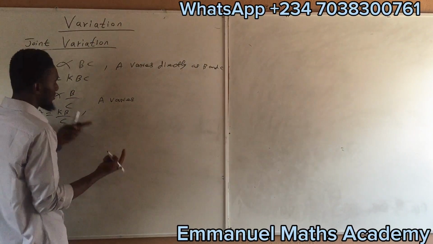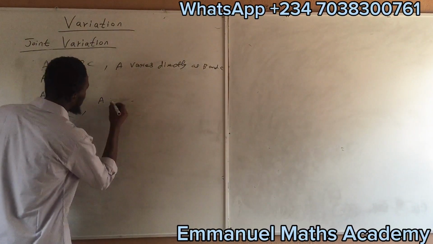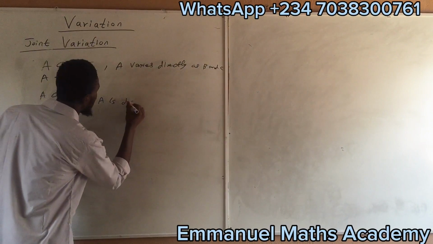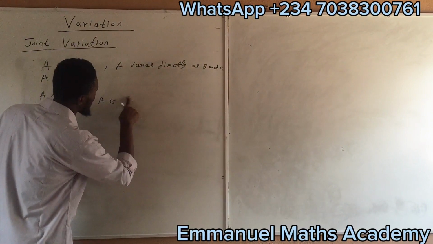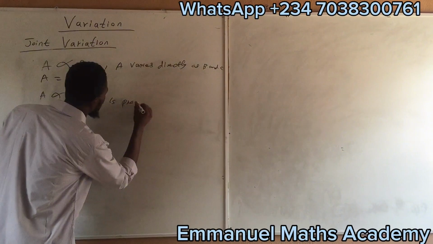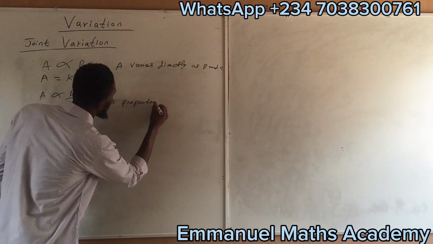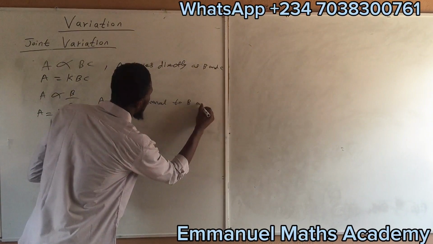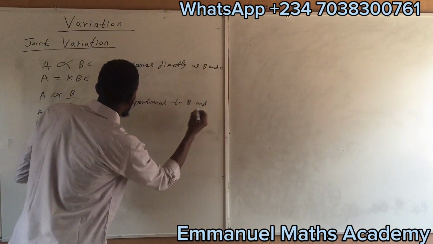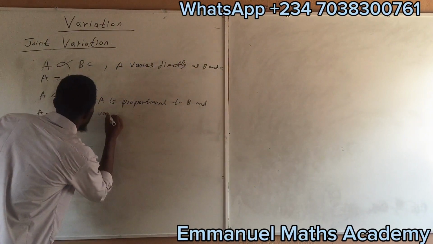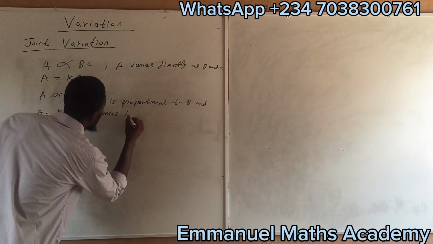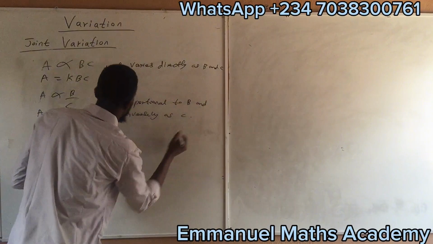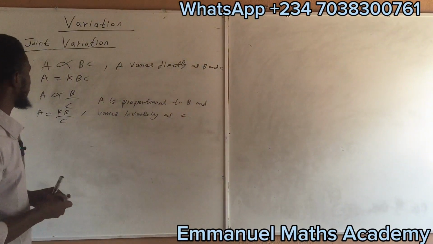A is directly proportional to B and varies inversely as C. This is the statement here.